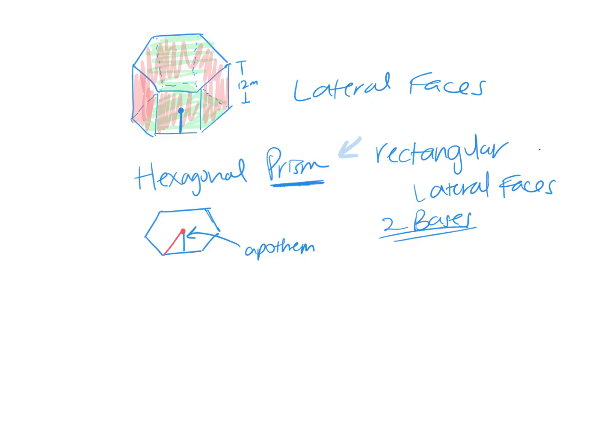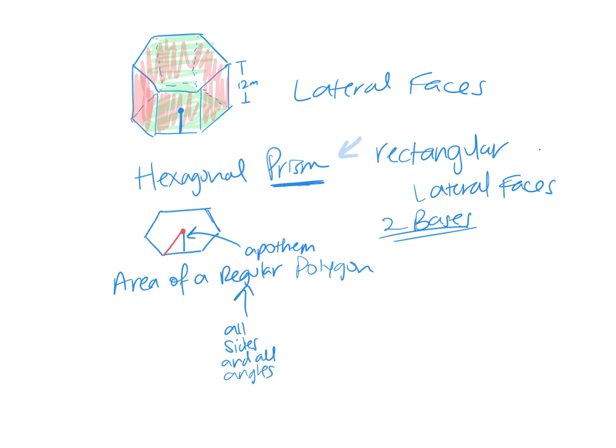The formula sheet does have a formula for the area of a regular polygon. What does that mean? Regular means all sides and all angles are congruent.